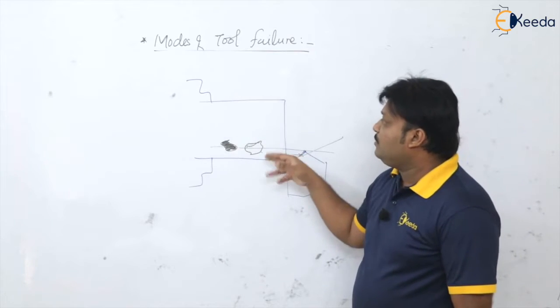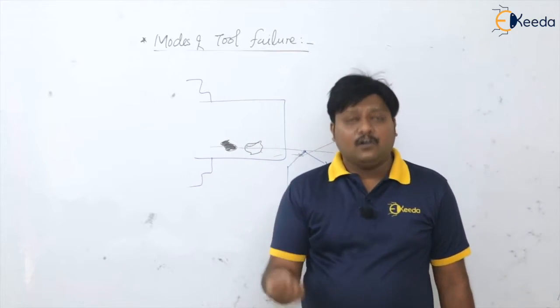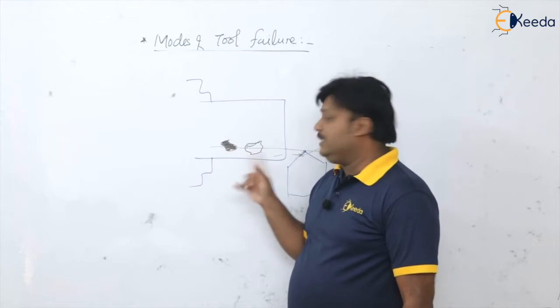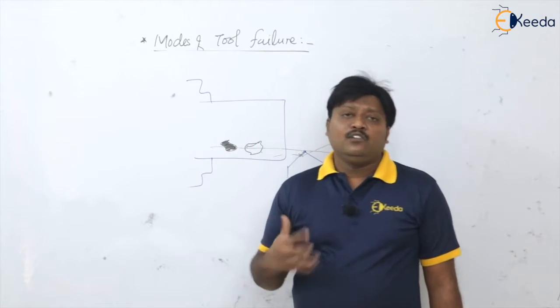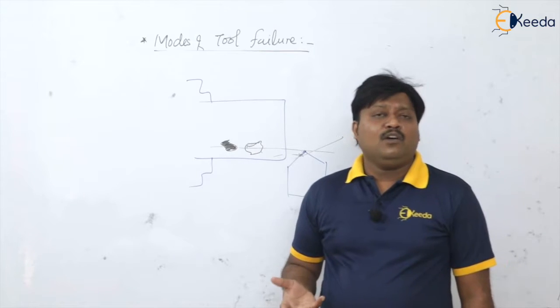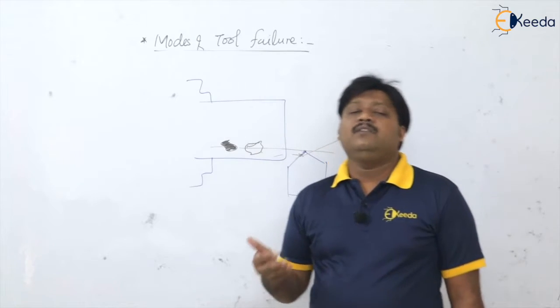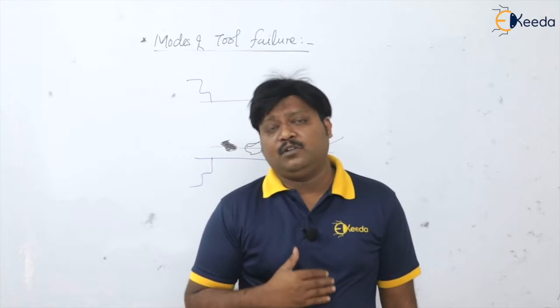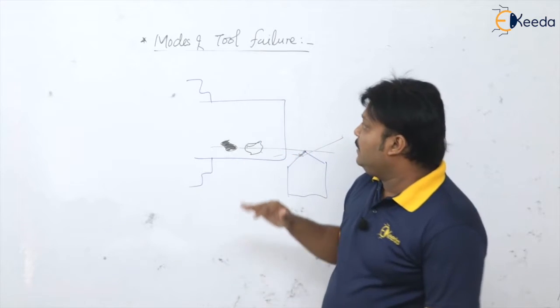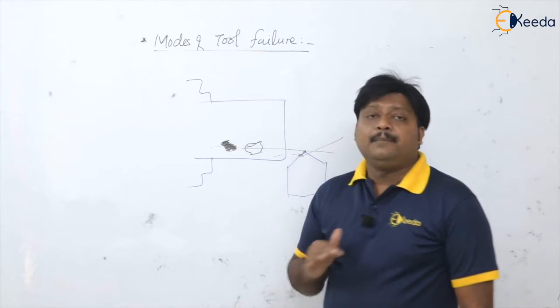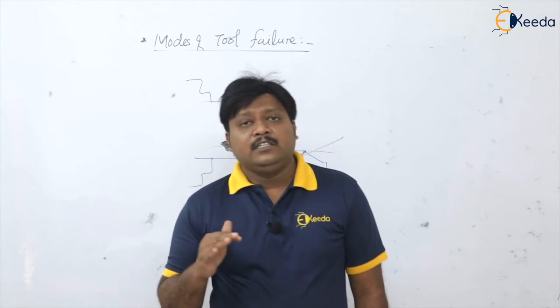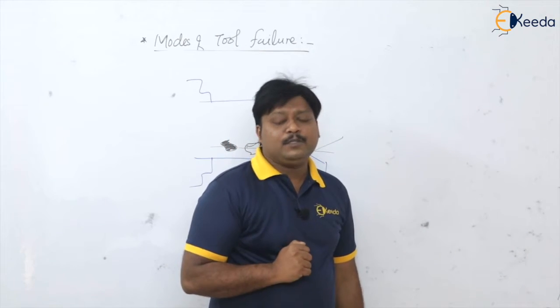Because of wrong quality or wrong material coming onto the machine, this happened. So again this is the abnormal failure, not the normal failure of the tool. Very important, please remember this. So the failure of the tool because of mechanical breakage is also an abnormal failure.